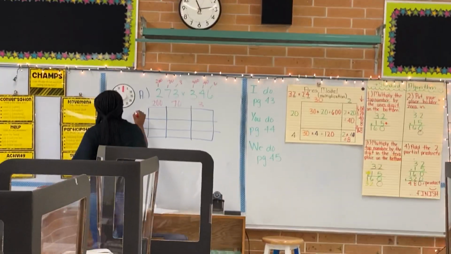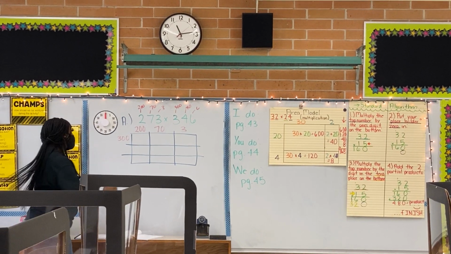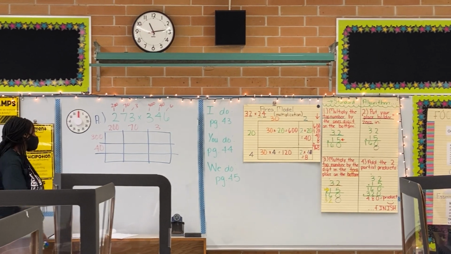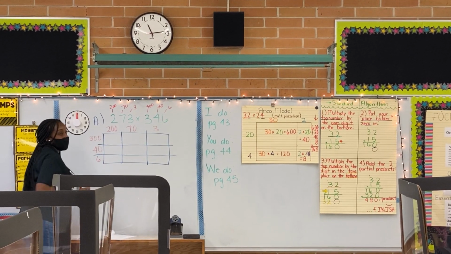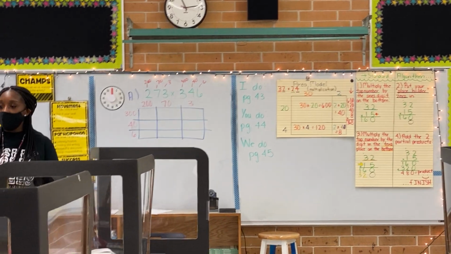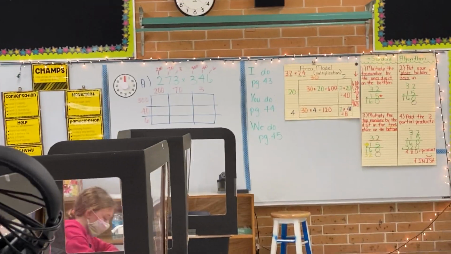For 346, our first box is going to be the 300s. The second box is going to be the 4 tens. And the final box is going to be 6 ones. All right? Go ahead and fill in the box with the partial product of each one of those.